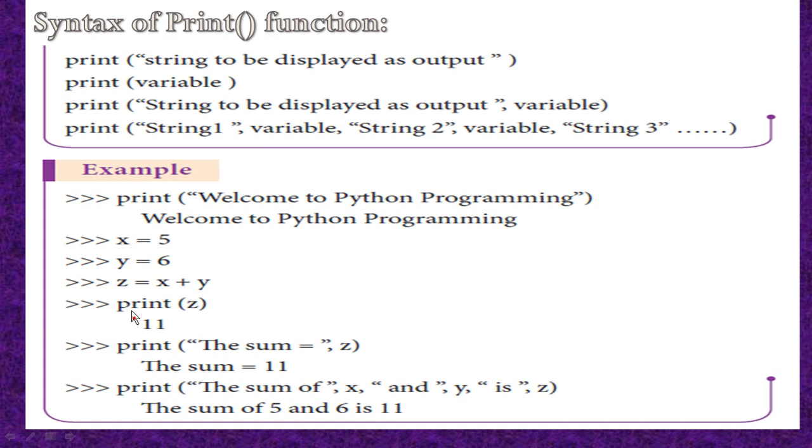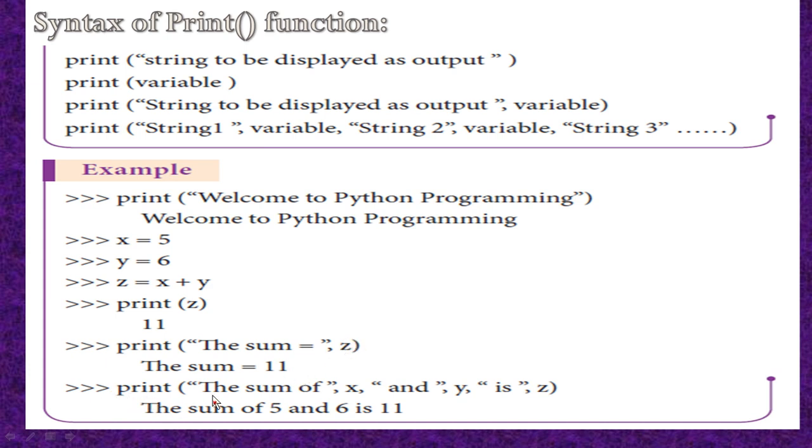When you use the print command, print z, the value of z is displayed here. Not z itself is typed here, but the value of z is displayed. If we give the prompt the sum equal to, the result is the sum equal to, followed by the value of variable z, 11.